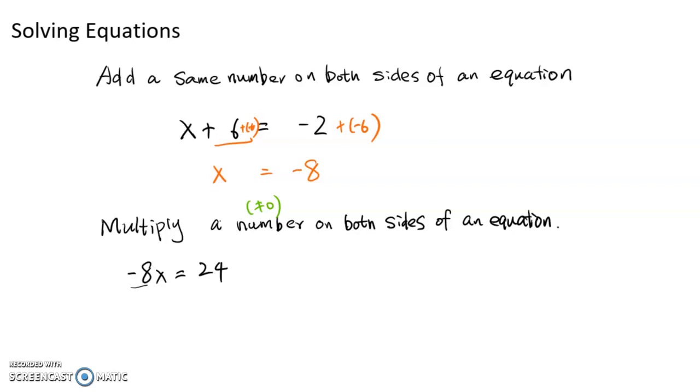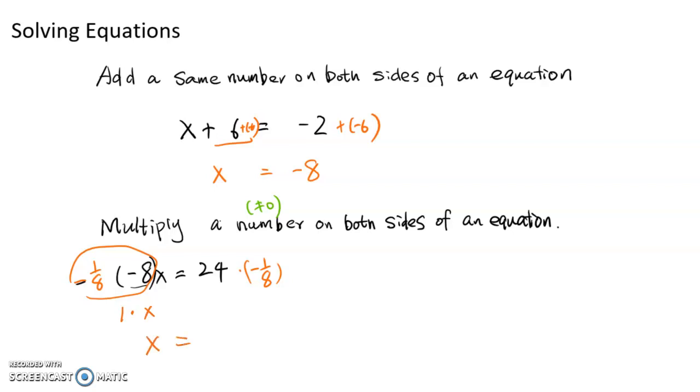So what you can do is multiply by the reciprocal of negative 8, which is negative 1 over 8. So negative 1 over 8 times negative 8 is 1. So it becomes 1 times x, which is just x.